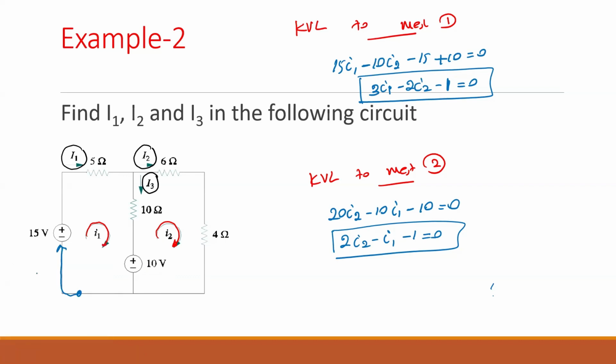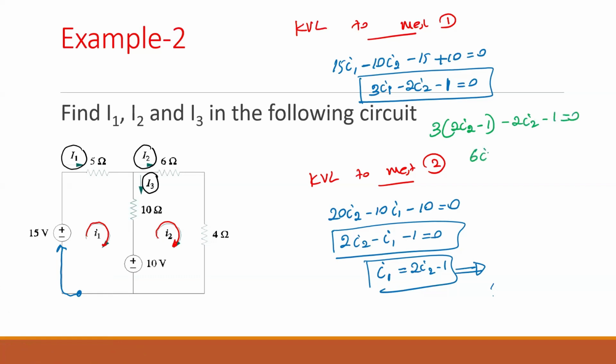Because this is not hard to solve. So we'll solve this. So I can say I1 here is equal to 2I2 minus 1. I'm going to substitute this I1 in the top equation. So when I substitute that, 3 times (2I2 minus 1) minus 2I2 minus 1 is equal to 0.